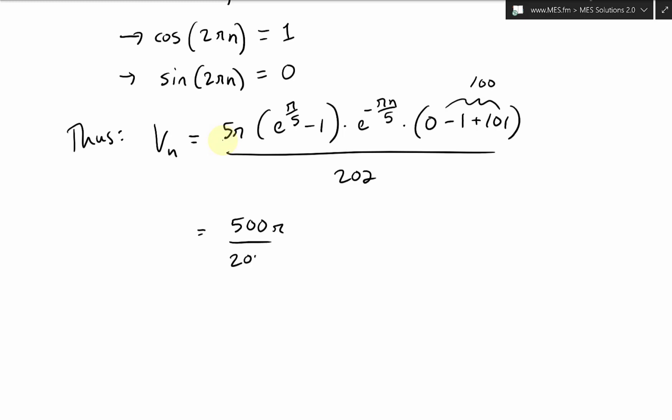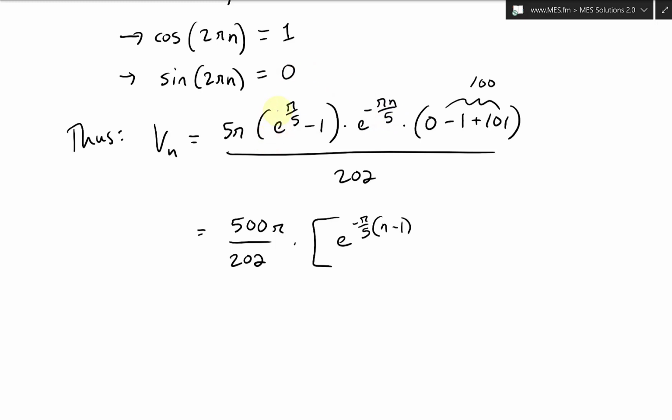over 202. And then this part right here, we can multiply this inside, and that becomes, this is times e to the pi over 5. So what we could do is factor out this negative pi over 5, so we go negative pi over 5, and when you take it out, this becomes positive n, and this becomes negative 1.